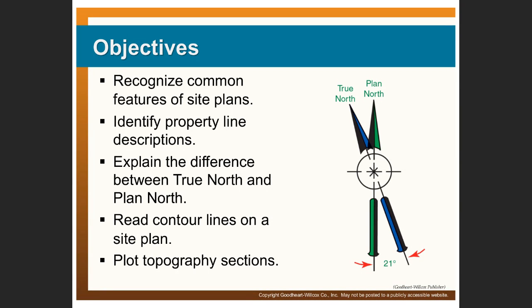Understand what a contour line means. Contour line has to do with elevations. We'll plot topographic sections, and then the exercises will have something to do with contour lines as well. So that is our agenda for tonight and for Thursday.